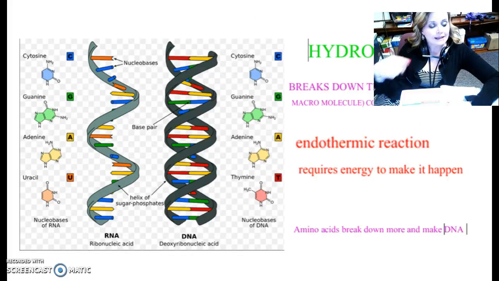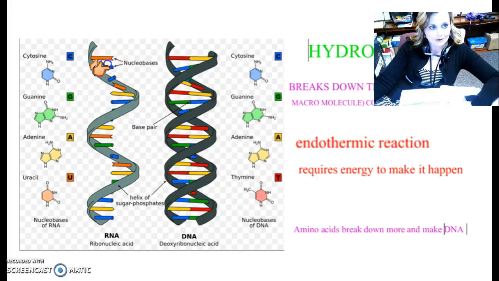Okay, so in this picture what we have are two of the basic polymers in your body. We have the RNA, which is single-stranded, and we have the DNA, which is double-stranded. So remember, DNA starts with D, and it's double-stranded, which also starts with D. When you look at these two polymers, they are made up of this gray or black line, which we're calling the sugar backbone.